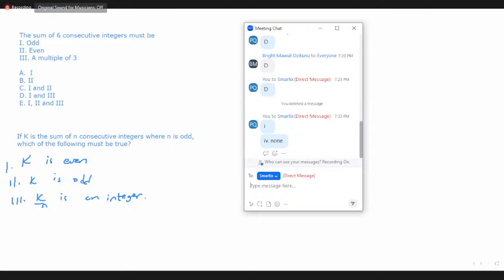If you have an odd number of consecutive integers, then the sum will be divisible by that odd number. That's an exact restatement of that. That's why I said I already gave you guys the answer.